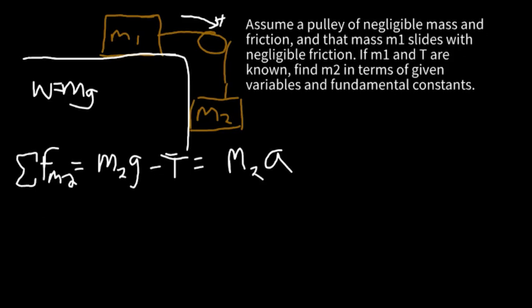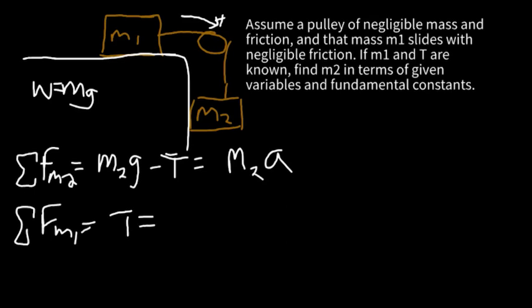So with this, we could solve for m2, but acceleration is not one of our given variables. But we can get a substitution for acceleration by summing the forces on m1. So the only force acting in the direction of motion for m1 is the force of tension.